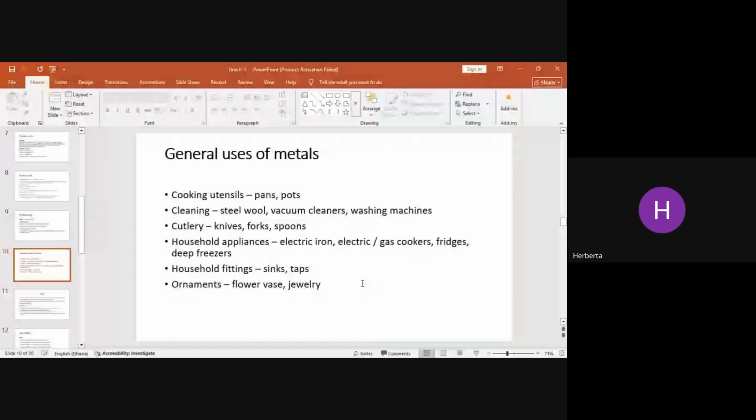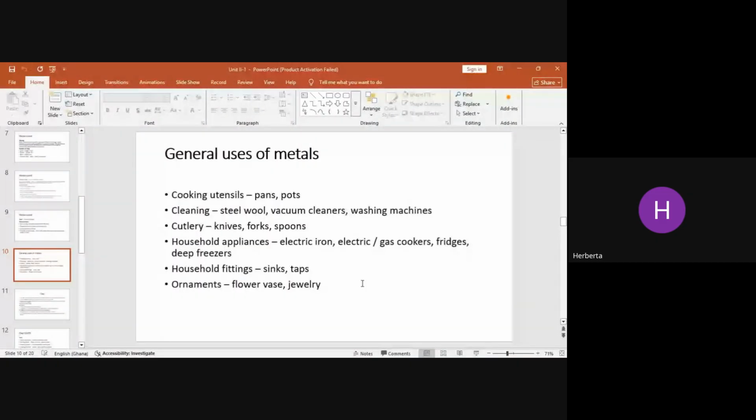They are used for cleaning, like steel wool, vacuum cleaners, washing machine. Most of them are made out of metals. Metals are used as cutlery. Knives, forks, and spoons, most of them are used as cutlery.